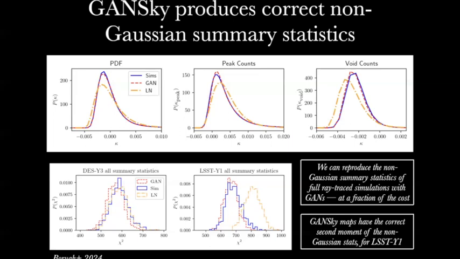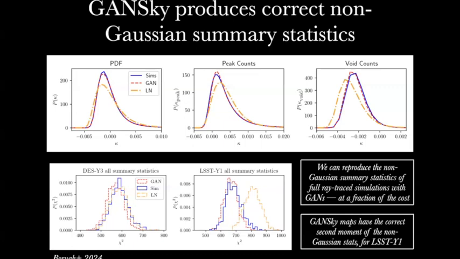Next, by looking at different non-Gaussian summary statistics, such as the PDF, peak counts, and the void counts, we see that while the log normal cannot reproduce these statistics, the GAN has the same summary statistics as the simulations. So the GAN summary statistics are shown by the red dashed line, whereas the simulations are shown by the blue solid line. And as you can see, both of them look very alike.